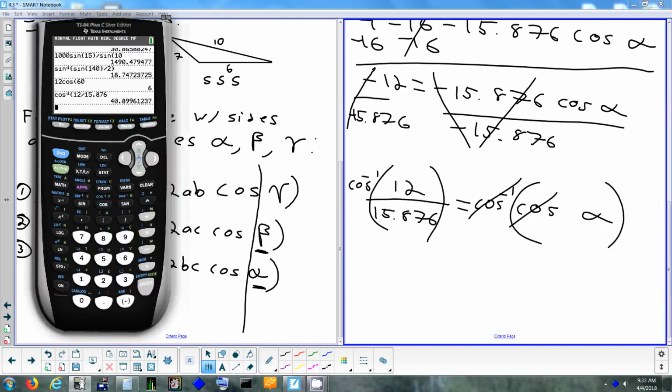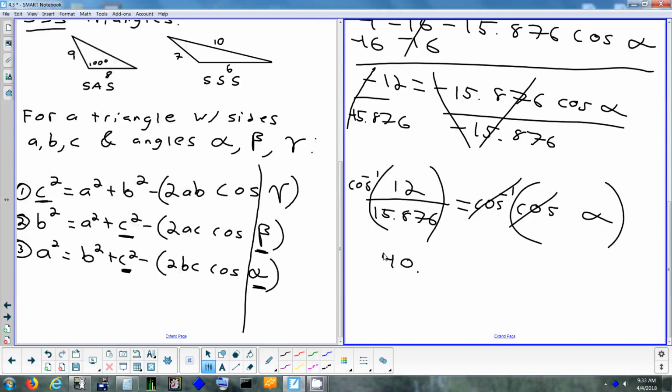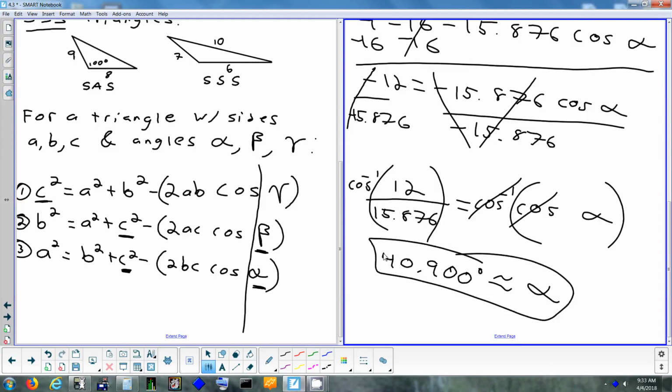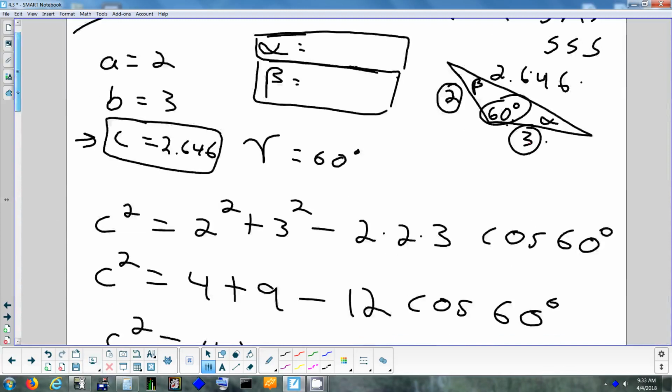So we get an angle of 40 point, technically that would round up to 40.900 if we're showing the accuracy. Okay, I'll just copy that up in my table.